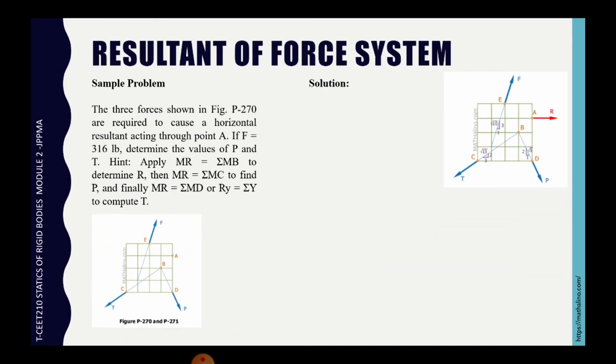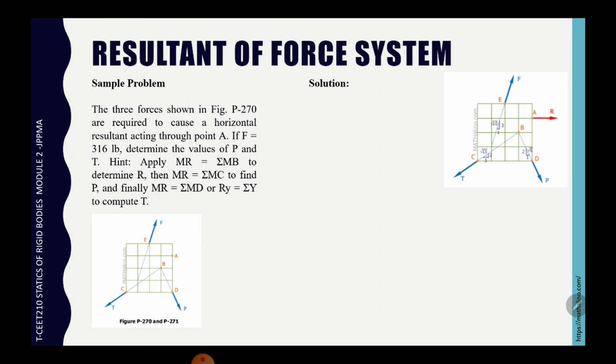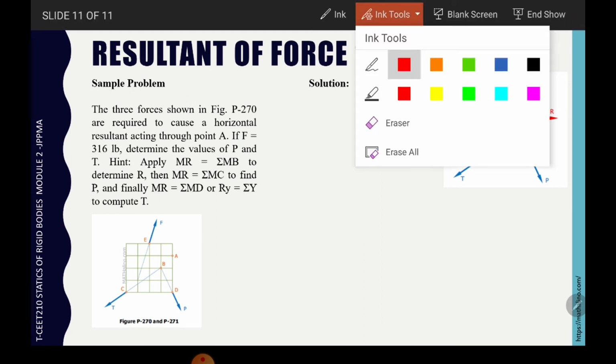Okay. So, going back to the solution, first, we need to know the resultant. So, paano natin makukuha yung resultant? Mag-moment lang tayo kahit saang point. Okay? Kahit saang point. And for this sample problem, the requirement is to know the values of P and T. So, itong P and T, kailangan natin malaman yung values niya.